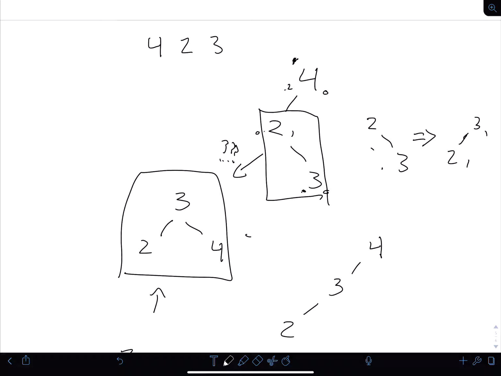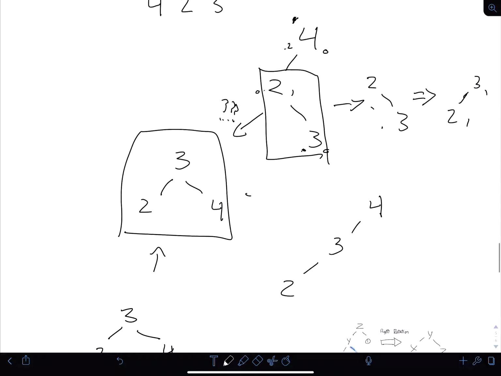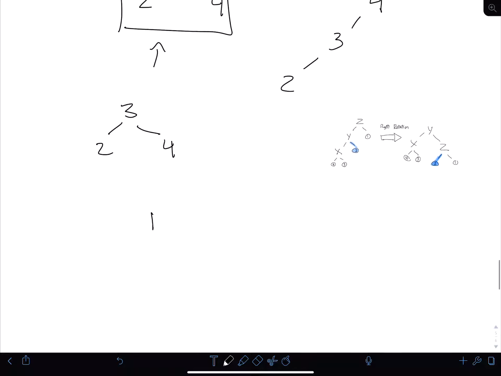And those are called, some people call them double rotations. Some call them left-right or right-left rotations. Because technically, how did I do this weird rotation here, this little mirror? Let's go ahead and replay that action.